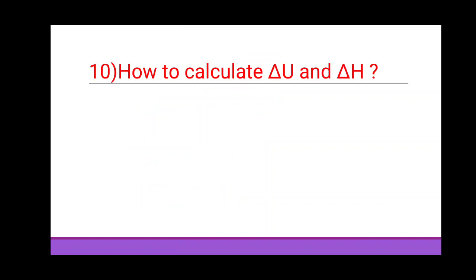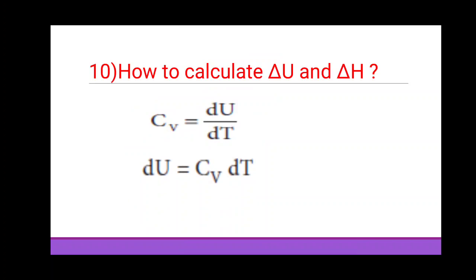Now question number 10. How to calculate ΔU and ΔH? First you write Cv equal to dU/dT, ∂U/∂T or dU/dT, we can write it. Now, by cross multiplication, dU equal to Cv dT.